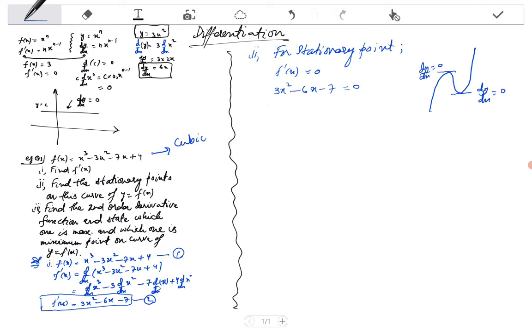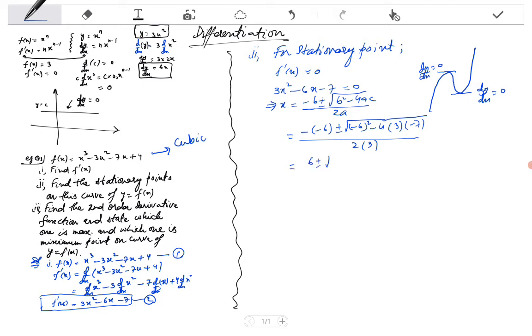You can find out the 2 possible values of x from here by using the quadratic formula, or if factorization is possible, you can use the factorization method by breaking the middle term, or you can directly apply the formula x equals minus b plus minus under root b square minus 4ac upon 2a. Minus negative 6, negative 6 is the value of b, plus minus under root negative 6 square minus 4 times 3 into minus 7, upon 2 times 3.